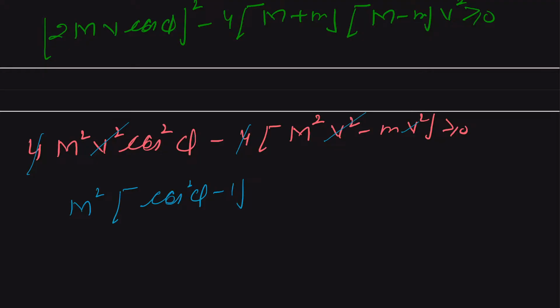plus small m square is greater than or equal to 0.